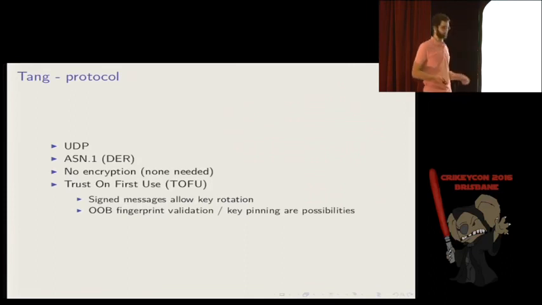So it's just a denial of service attack that the trust model prevents. But of course it is trust on first use, so there is a vulnerability there if people don't validate the signatures or the fingerprints.